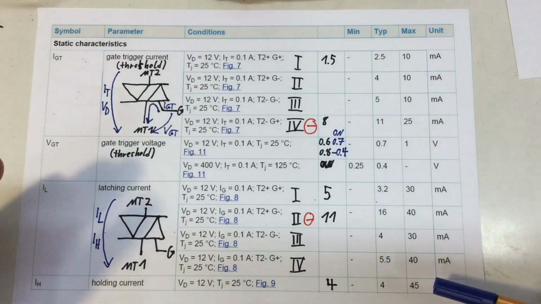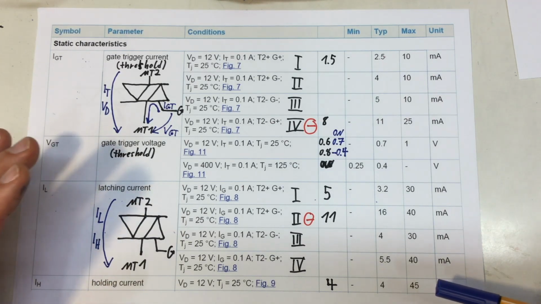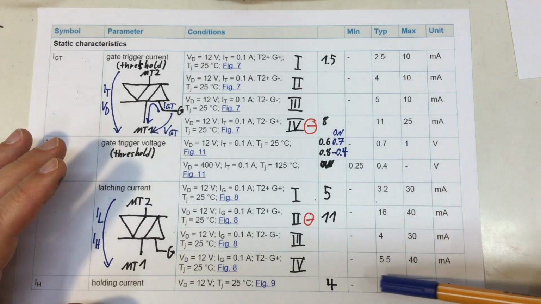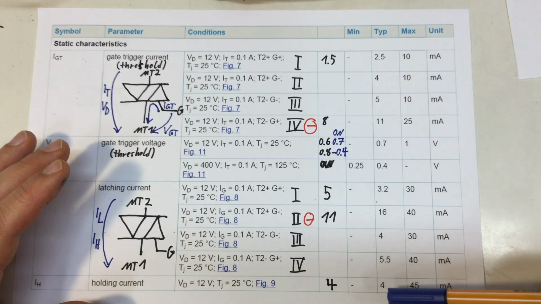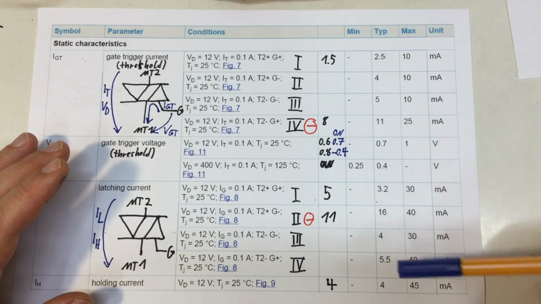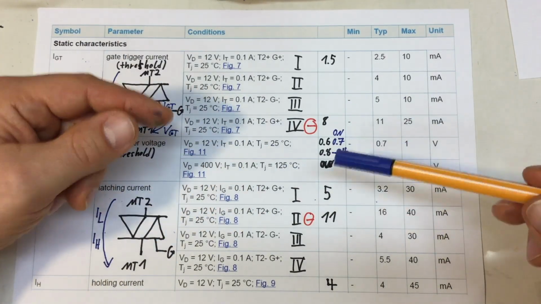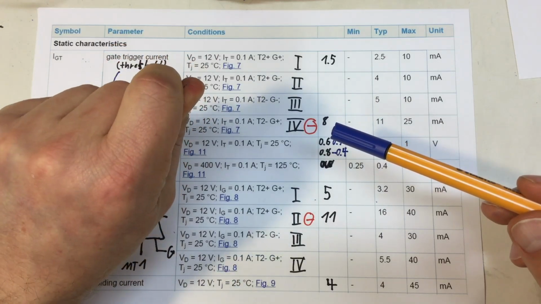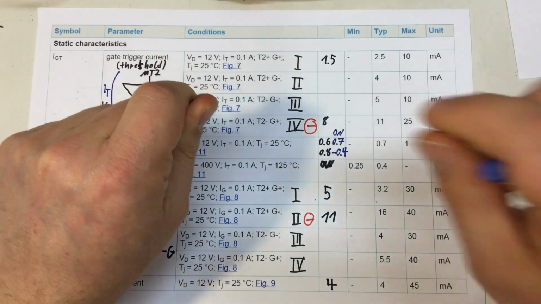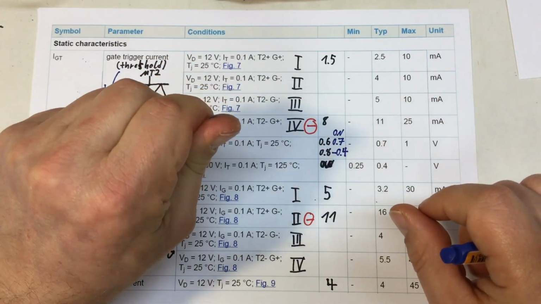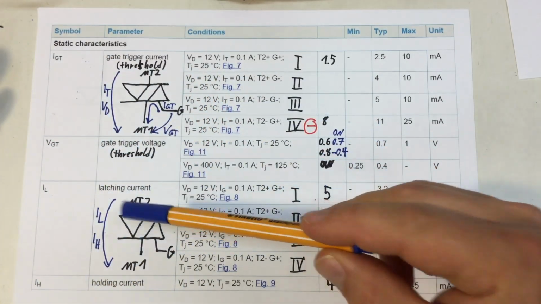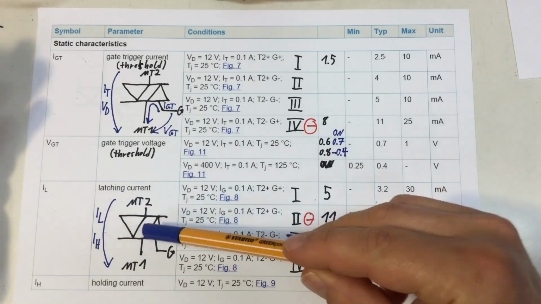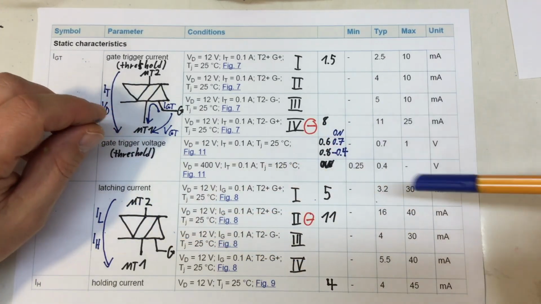So how can that be? Normally, the holding current is equal, for the typical values, or less than the latching current. And that's what we measured. I mean, we turned the pot up until it latched, then we disconnected the gate, and then we turned the pot down until the TRIAC gets again into its off state.